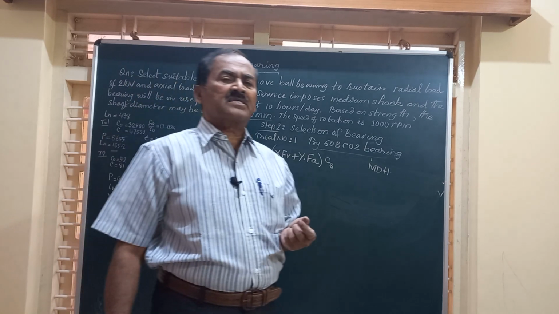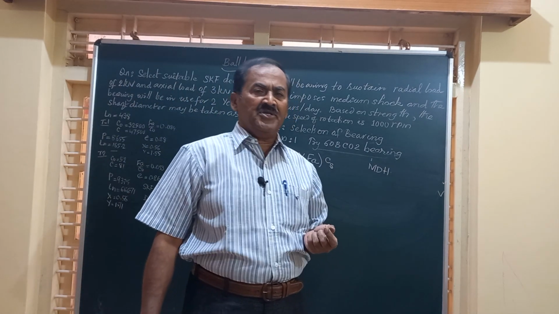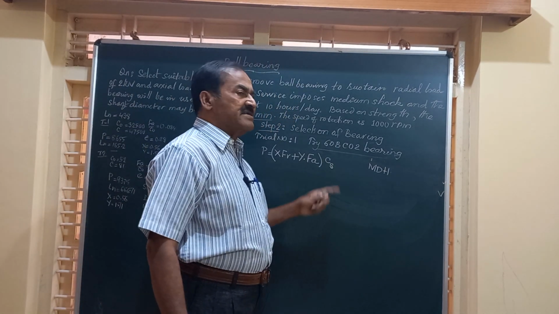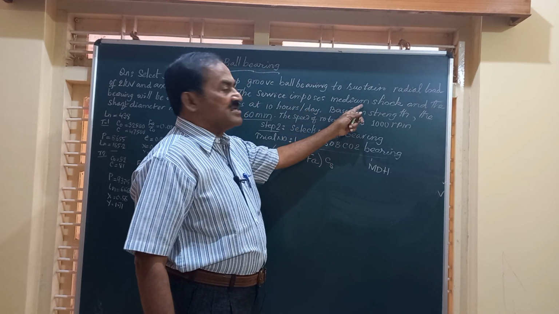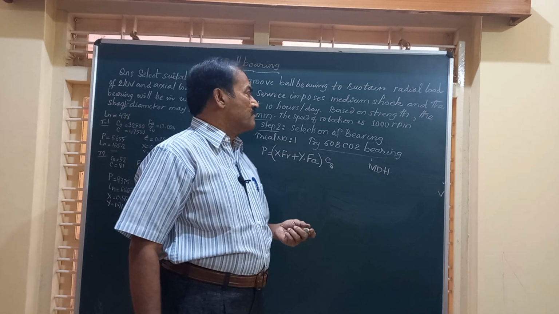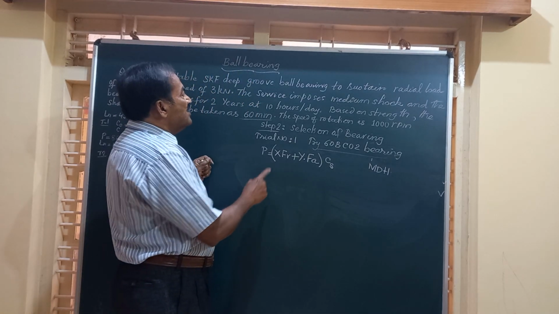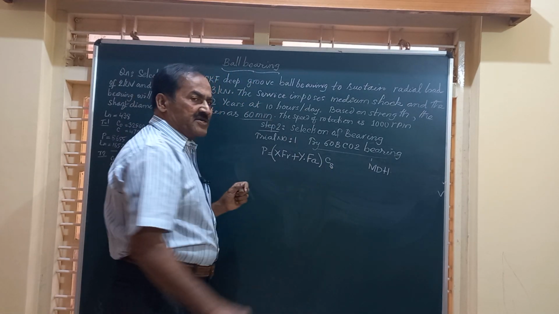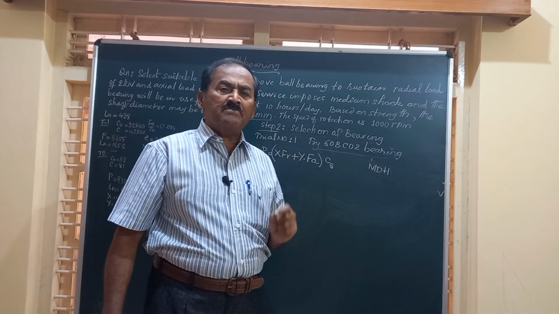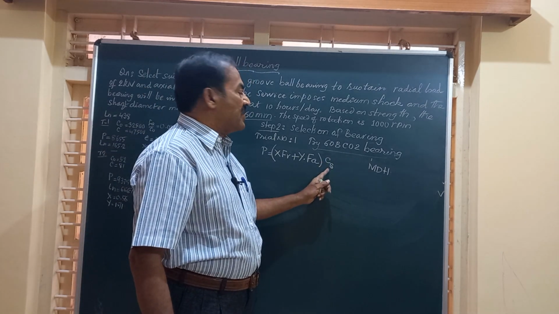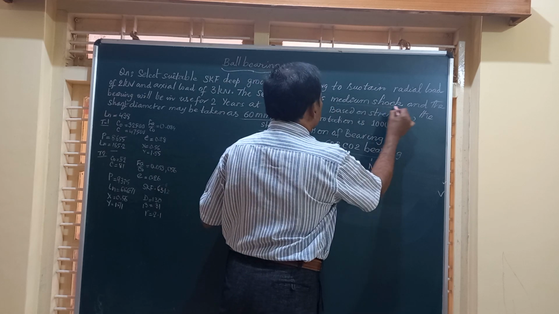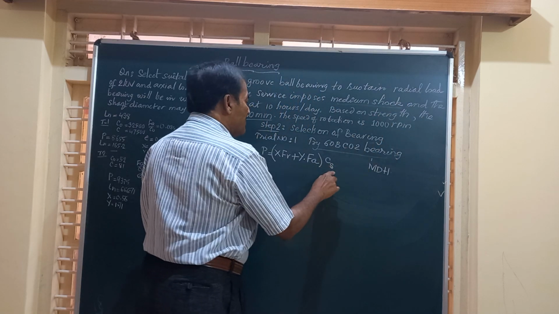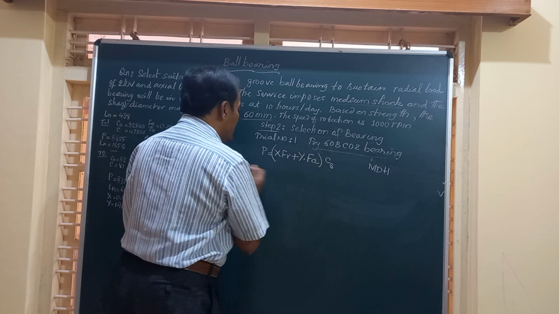I have already explained in one of my previous videos that CS depends on the type of service the bearing is subjected to. If it is light shock, we multiply it by 1.25. If it is medium shock, this has to be 1.5. In the question it is specified as medium shock, and hence I use the value 1.5 here.